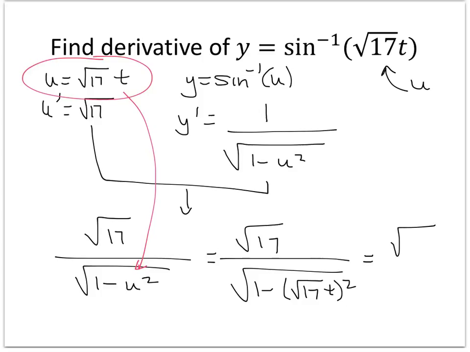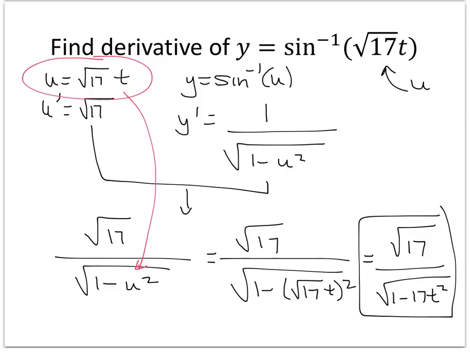And if you want to make this look a little bit better, you could go ahead and square the square root, and you could square the t. And that would be your final answer. So as you see, we proved this using Theorem 3, but now you're just going to start using this definition right there to be able to find these derivatives.